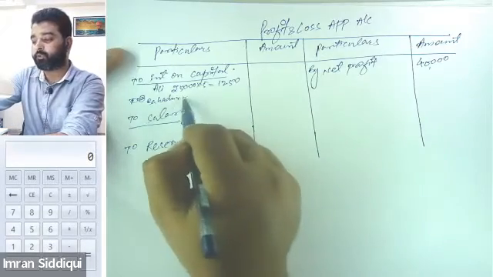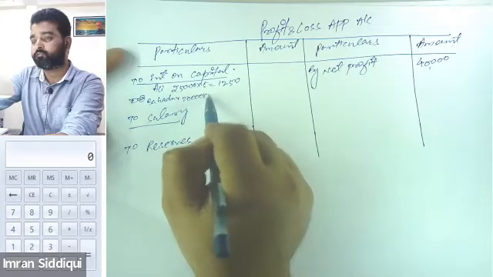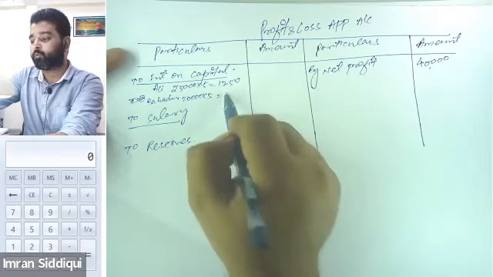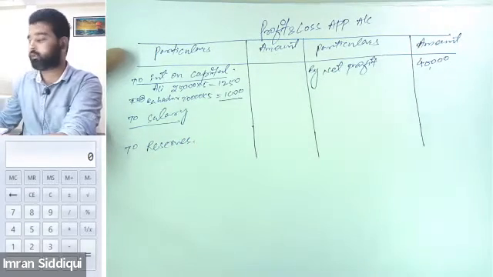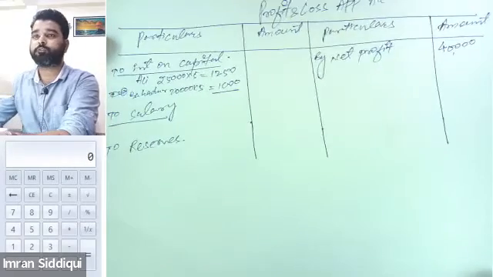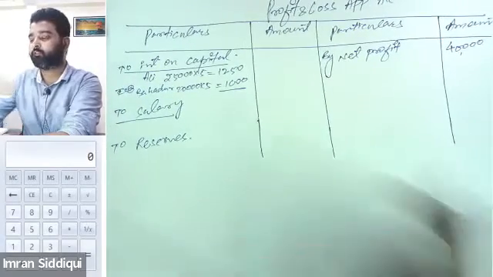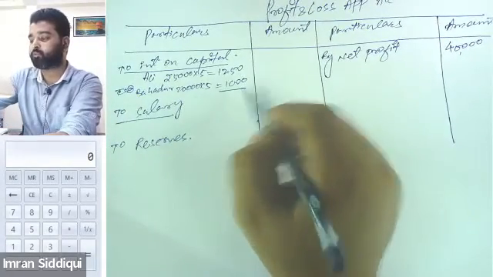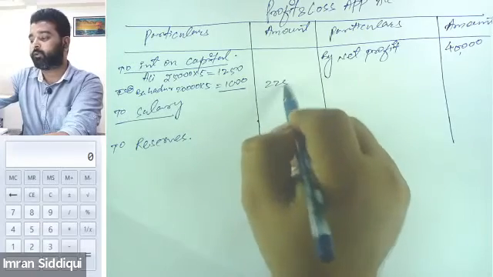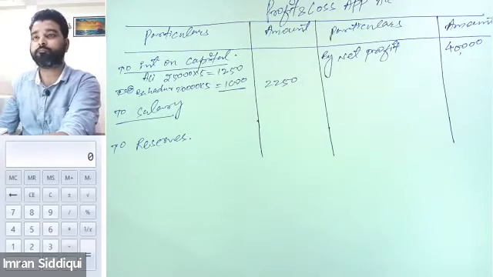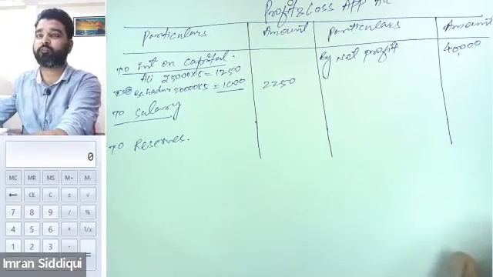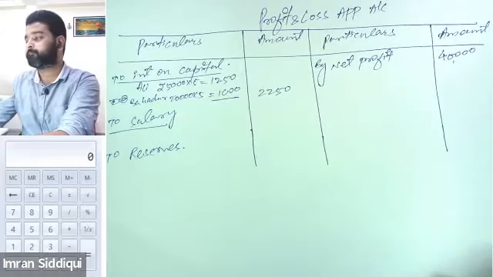So on 20,000, 5% will be 1,000. Now we will total these values and write it in the final column. 1,250 plus 1,000, it will be 2,250. Okay, tell me guys, is this clear to everyone? Yes, sir.